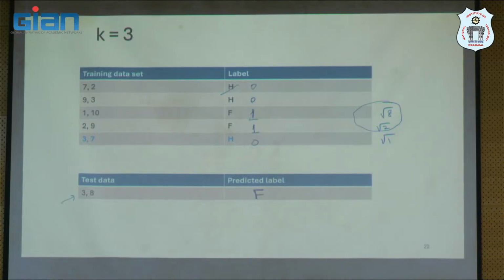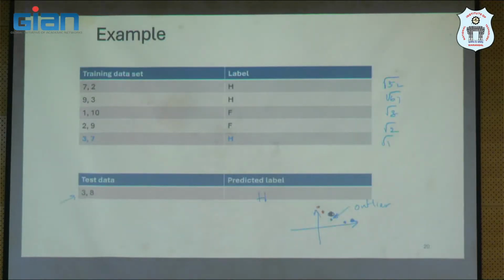Okay? So now our question comes, how do we choose how many nearest neighbors I should ask? Can I ask 5 nearest neighbors? If I had asked 5 nearest neighbors, what would have happened?